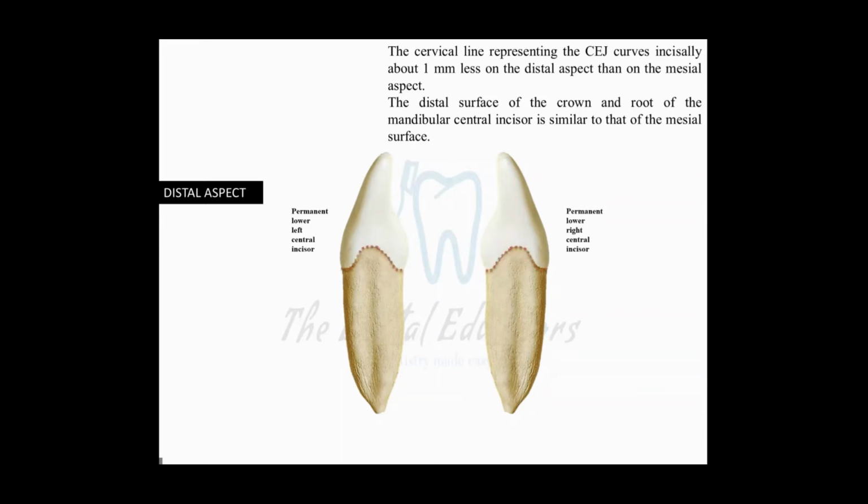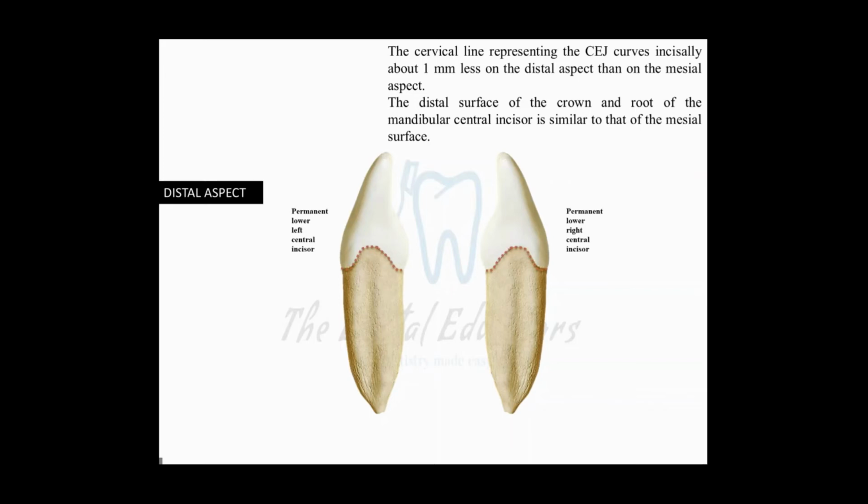But the curvature of this cemento-enamel junction, this cervical line, is nearly 1 millimeter less if you compare it with that of the cervical line curvature on the mesial aspect.